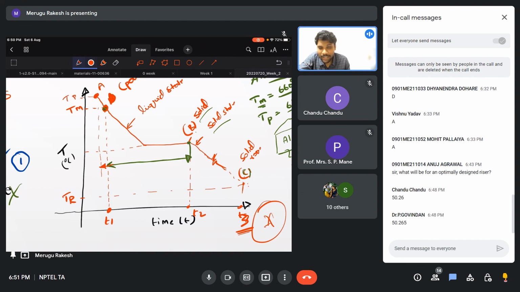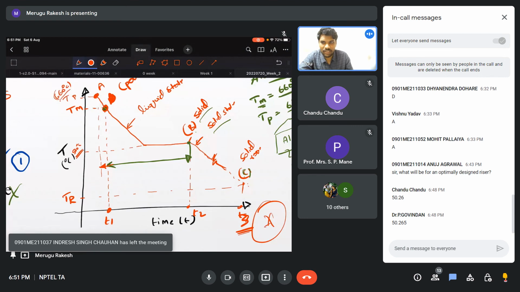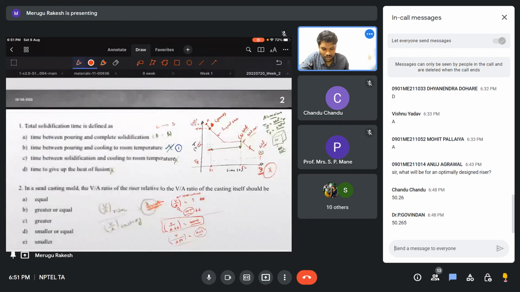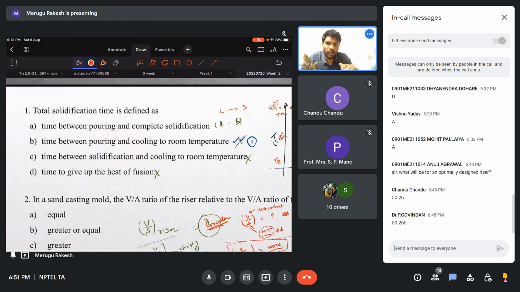At point B I'm getting solid, red hot solid. The metal has become solid, but the temperature is still around, say, 500 degrees Celsius. I'm giving values so you can visualize. It is still red hot but solid in state. From that it will cool to room temperature, say 30 degrees Celsius. Now the question is, what is the solidification time? It is the time between the pouring and becoming solid.